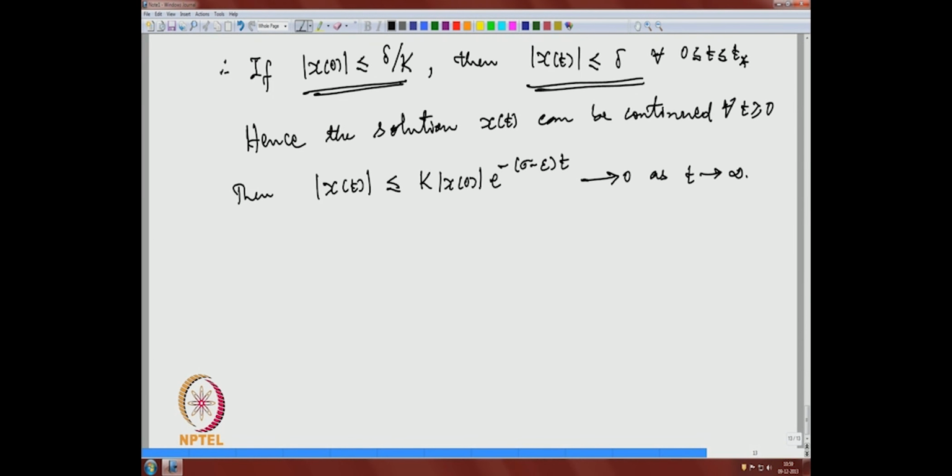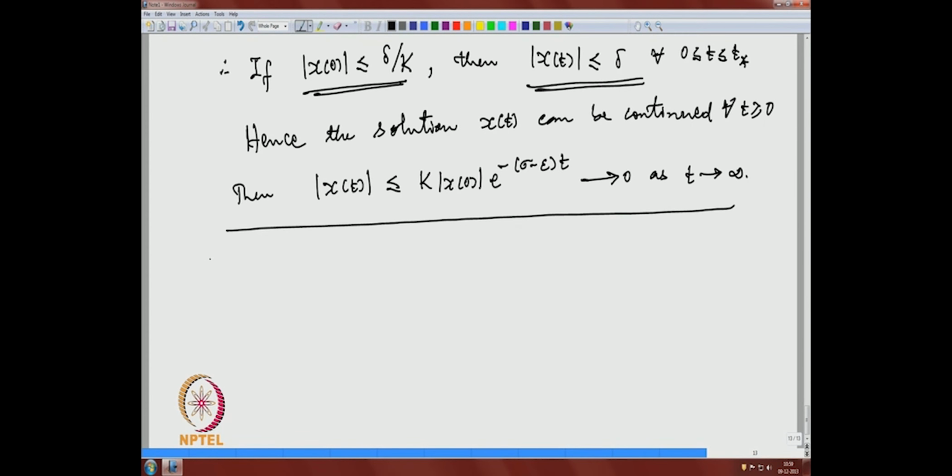So, what we have learnt? The hypothesis in Perron's theorem is also a hypothesis on the equilibrium point x bar. So, A will be d f at x bar. Okay. So, the eigenvalues all have negative real part.